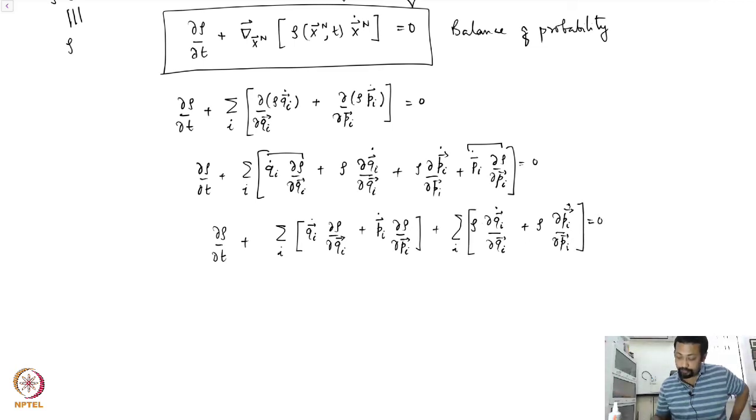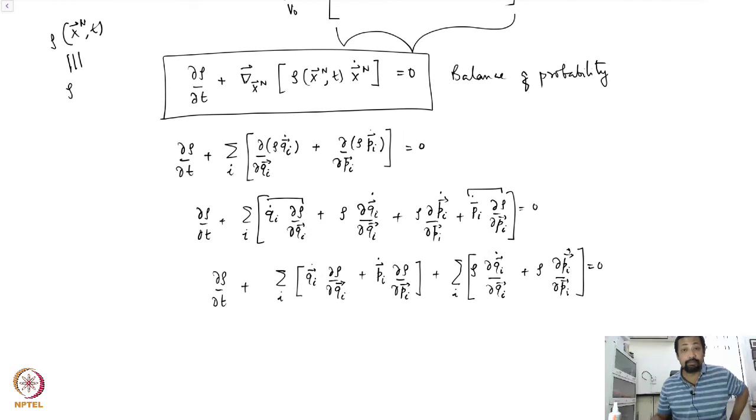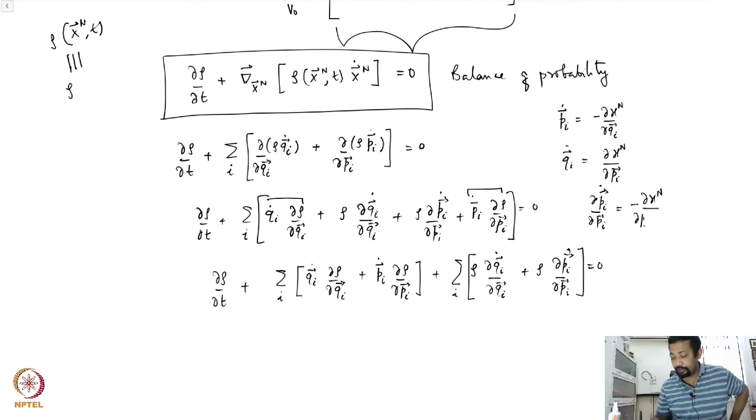is equal to 0. Now recall your Hamilton's equations of motion, which says that pi dot was minus del hn del qi, and qi dot was del hn del pi. So this means that del pi dot del pi is equal to minus del of hn del pi del qi.